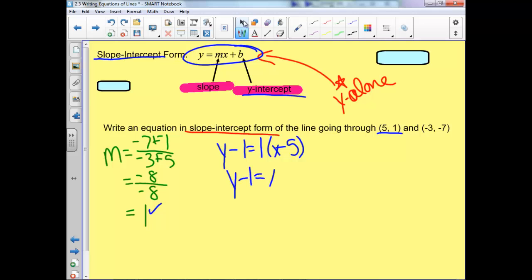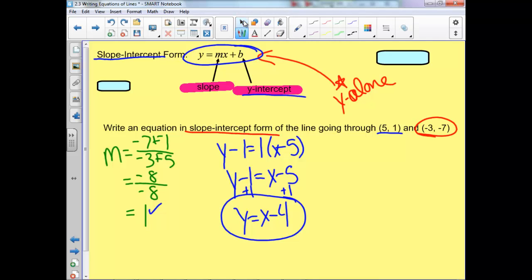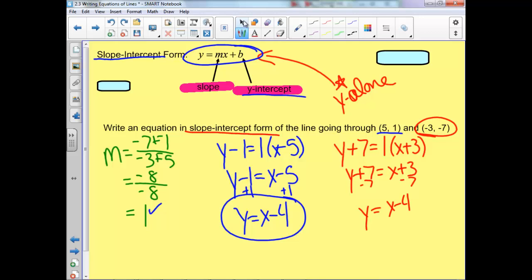So we'll distribute this 1, and then we'll add the 1 over. Now notice that's in our slope-intercept form. If you wanted to use this second ordered pair over here, you would end up with the same thing. So I'm just going to go ahead and show you so that it doesn't matter which one you pick. Notice these are the same, and that's because it doesn't matter which ordered pair you pick.